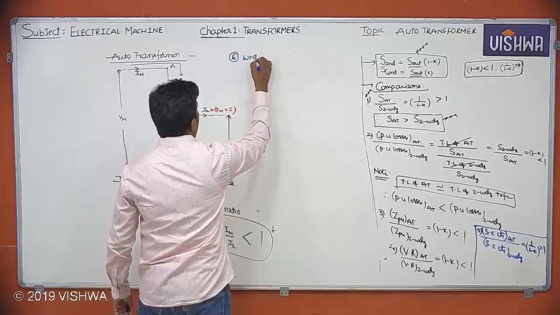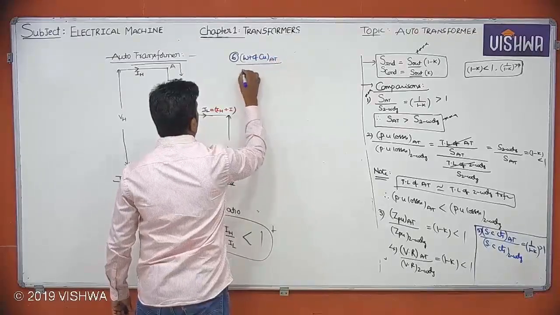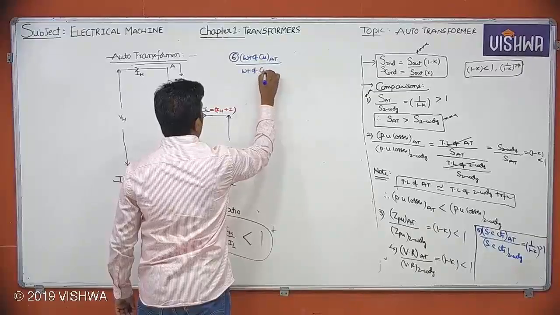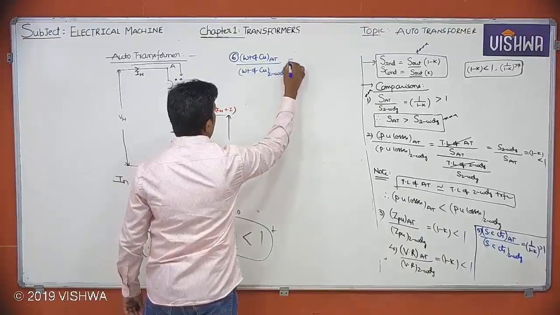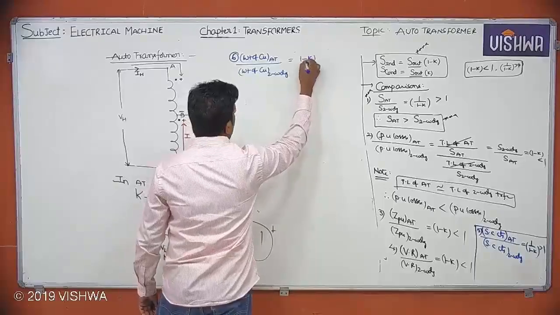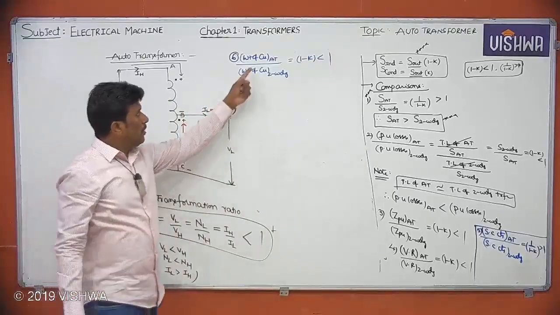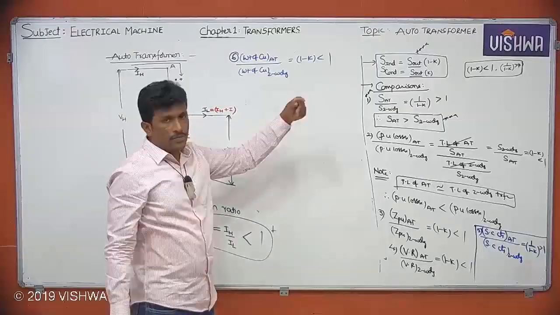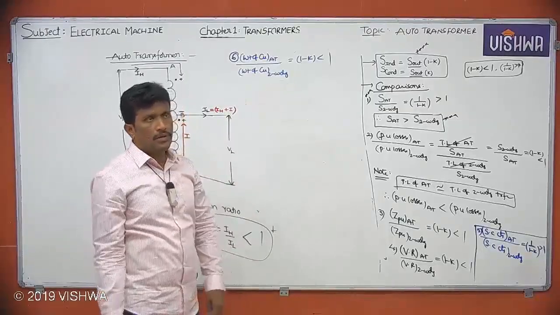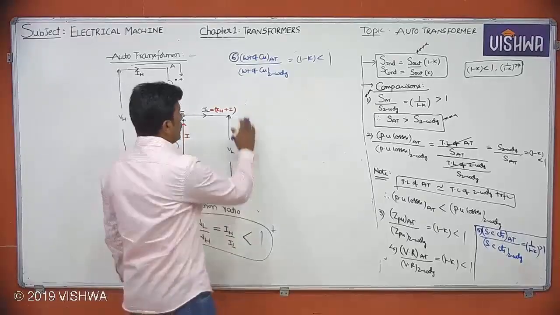Weight of copper of auto transformer divided by weight of copper of two-winding transformer is equal to 1 minus K, which is less than 1. That means weight of copper of auto transformer by weight of copper of two-winding is less than 1, so obviously the weight of copper will be less in auto transformer than two-winding transformer, right?